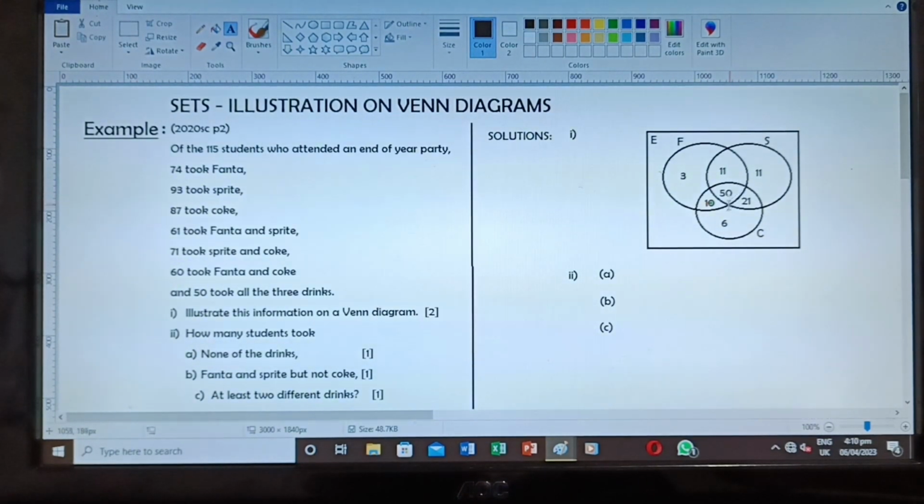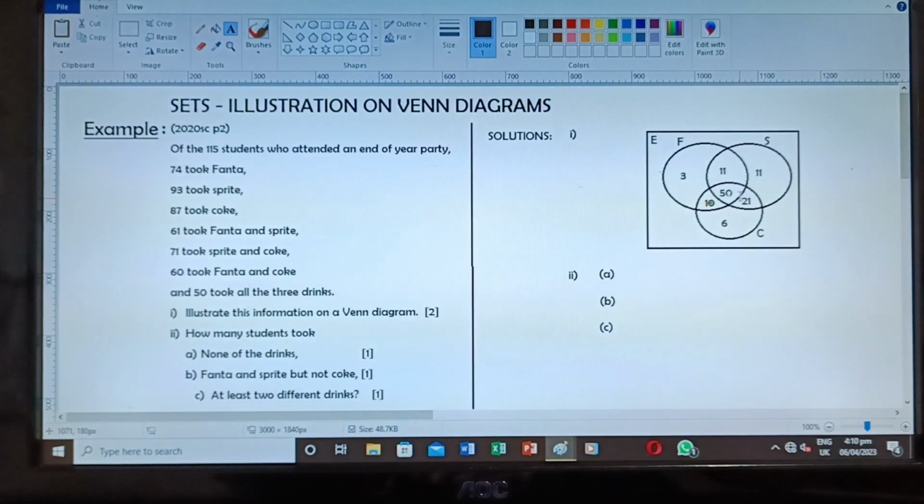So you can find those who never took anything by adding all these quantities inside here. So when we add all these, let's say 3 plus 11 plus 11 plus 10 plus 50 plus 21 plus 6, that's giving us 112. And we are told that the total number of students was 115.